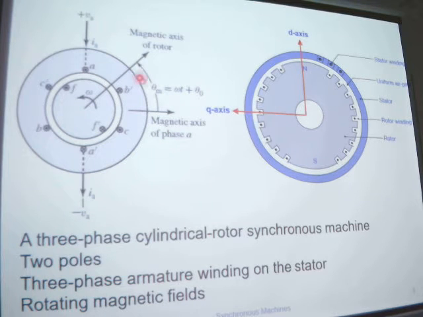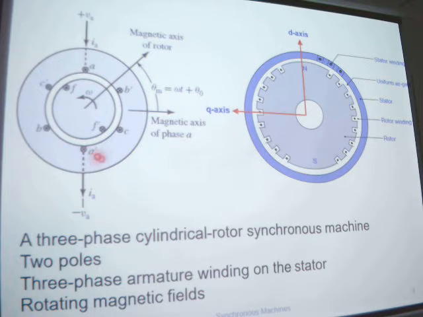The three-phase armature, A prime, B prime, and C prime, is the three-phase stator windings. It is a simple way to represent the distributed windings.